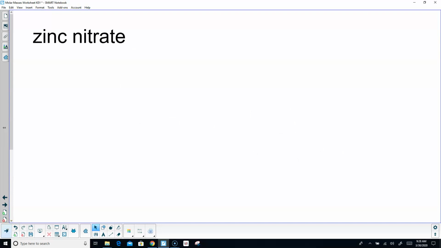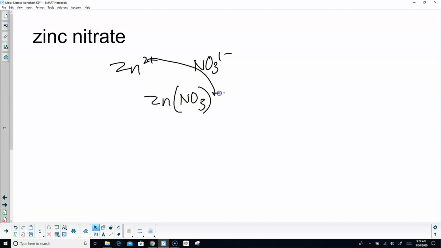Next one is zinc nitrate. Zinc is always 2+. Nitrate is NO3 and it's 1-, Zn. And whenever you bring a charge behind a polyatomic, you must always use parentheses. Okay? So let's see, we have one zinc that weighs 65.38.